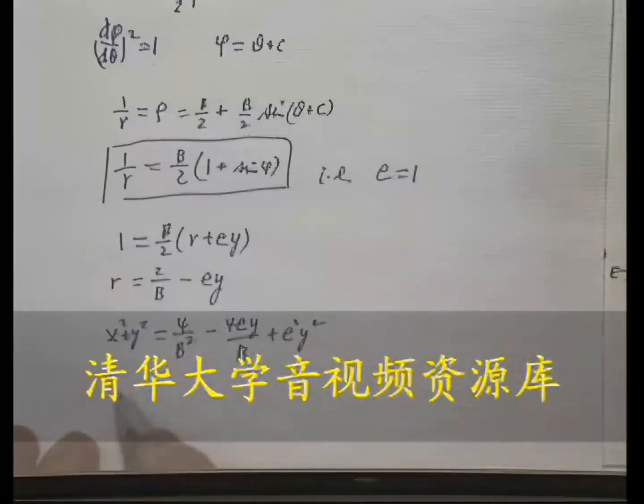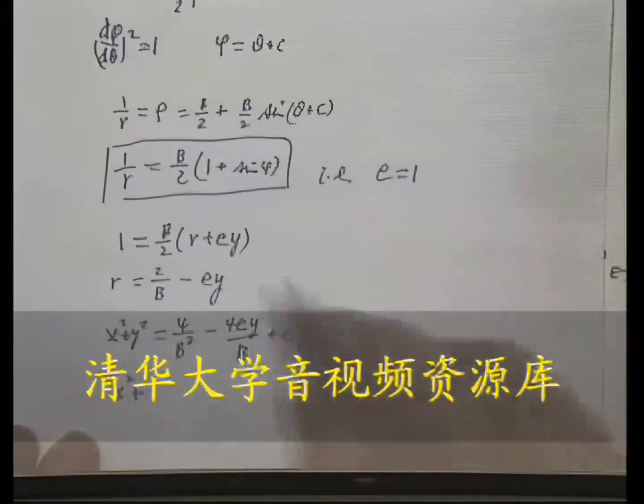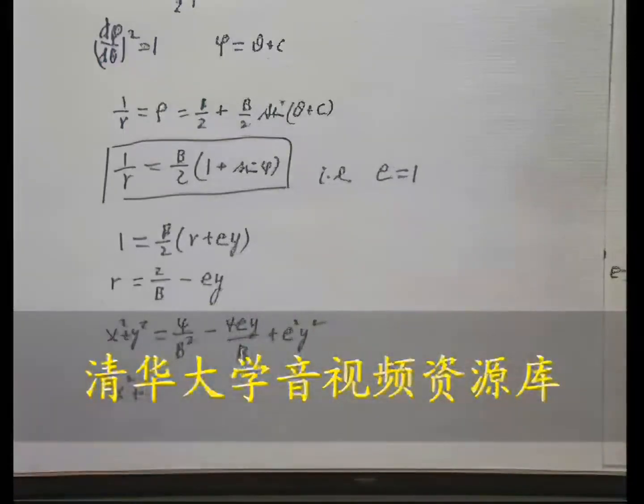Therefore, we get x squared plus... e is equal to 1. So y squared is cancelled. So x squared becomes equal to 4 over b squared minus 4ey over b.